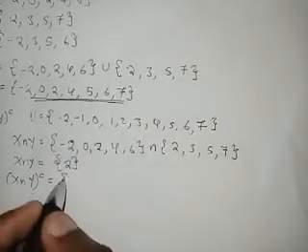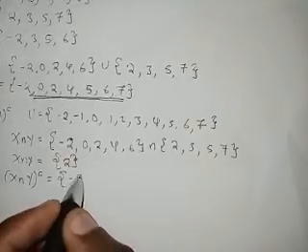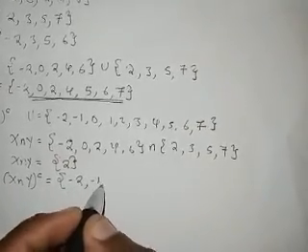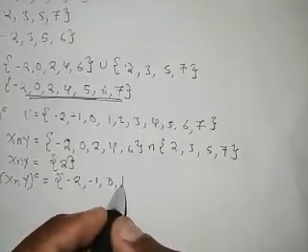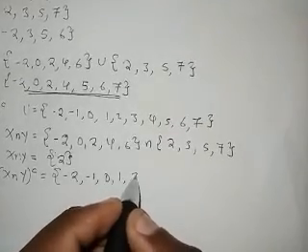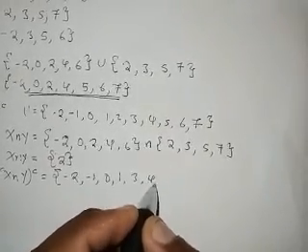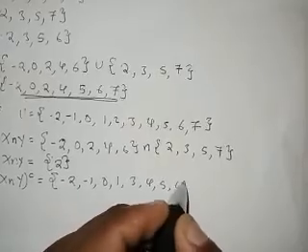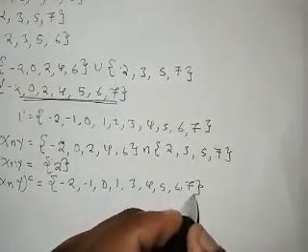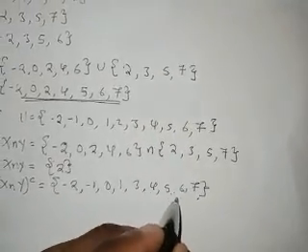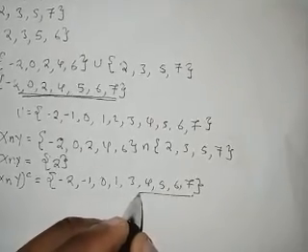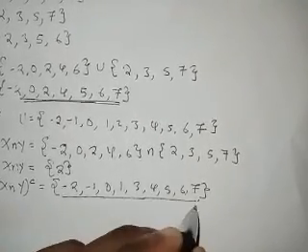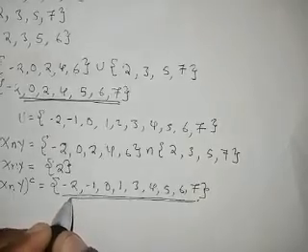So x intersection y complement becomes negative 2, negative 1, 0, 1, then 3, 4, 5, 6, 7. So this is the answer to this question.